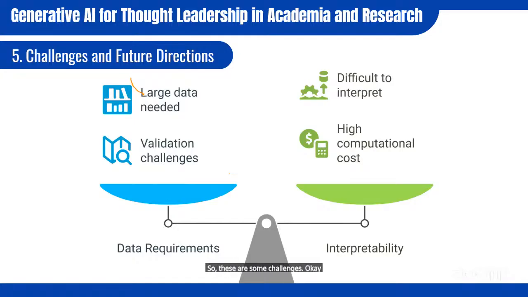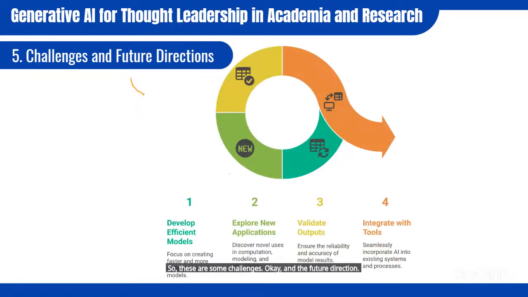And the future direction: developing more efficient and interpretable generative models. Next, how we can explore new applications of generative AI, mainly in symbolic computation, modeling, and simulation.